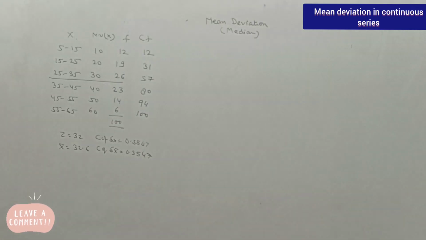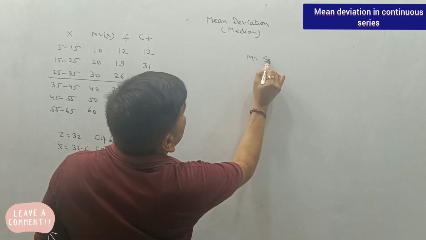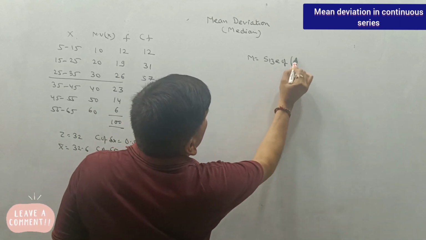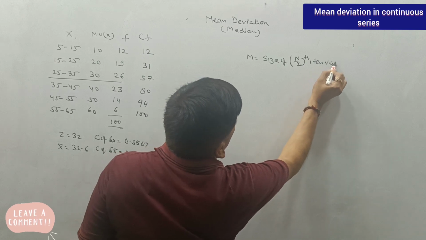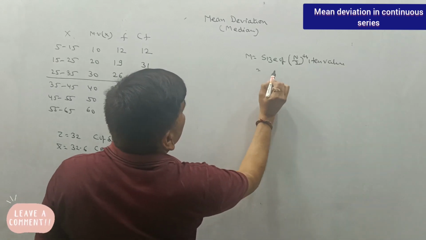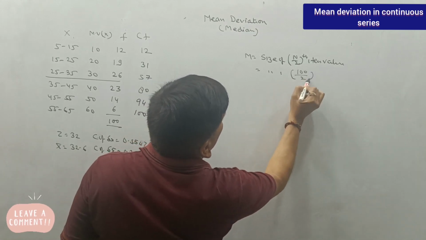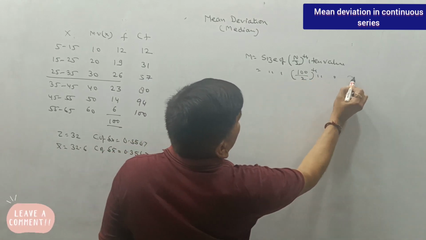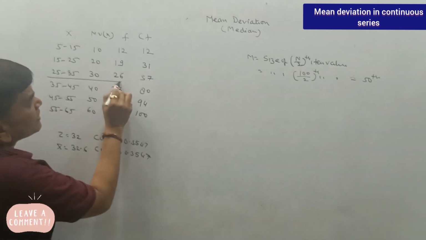Okay. So for calculating median, M is equal to the size of n/2th item value. So the size of 100 divided by 2th item value, that is 50. The very first 50 lies here.